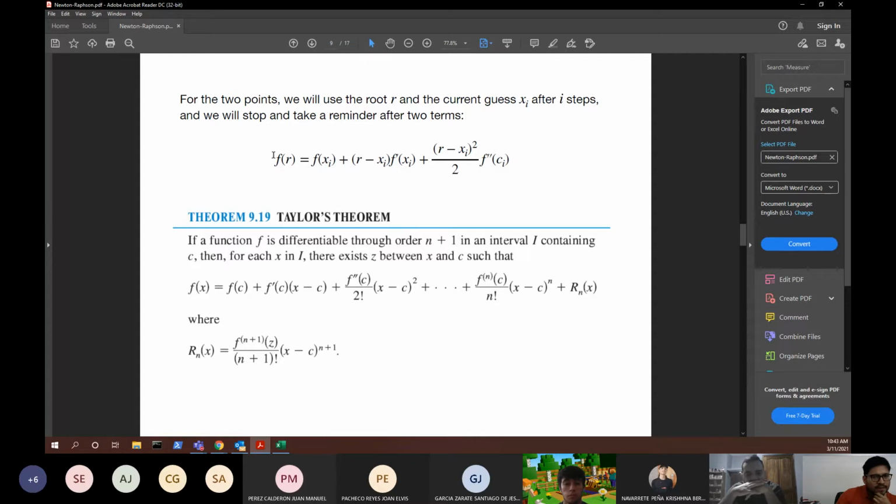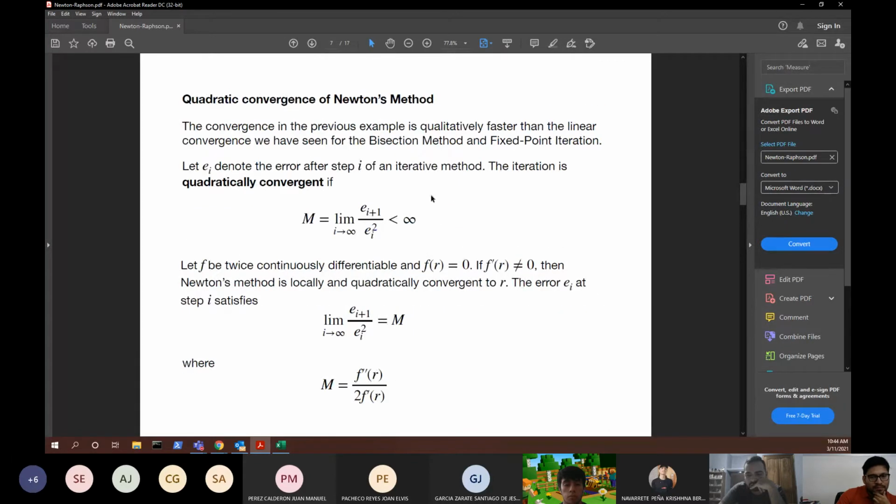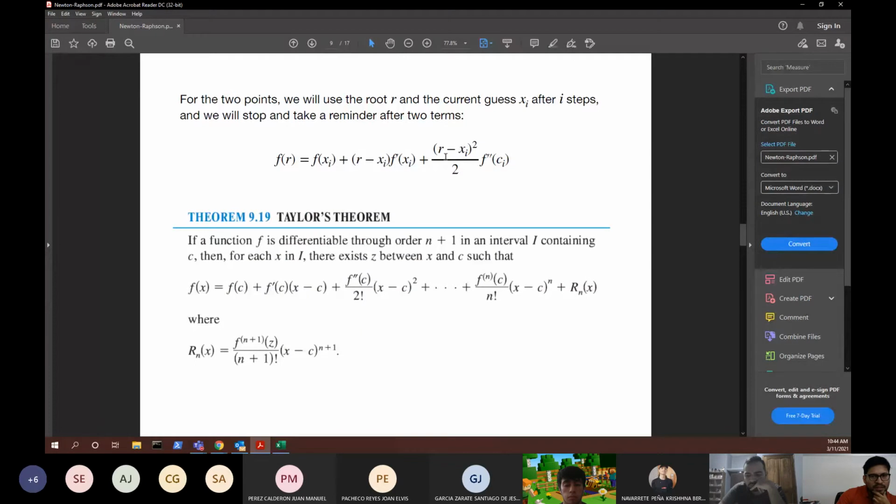In this case, f(r), which is the function of the root, is going to be equal to f(xi) plus (r minus xi) times the first derivative of f at xi, plus, in general, if you remember, we were discussing that this term here is what we define as the error, in this case squared, divided by 2 times the second derivative. Okay, so we just miss the factorial.